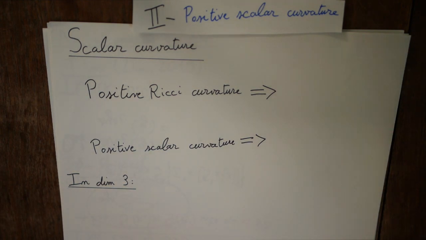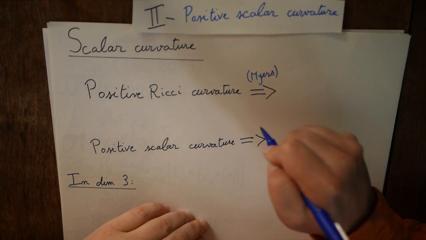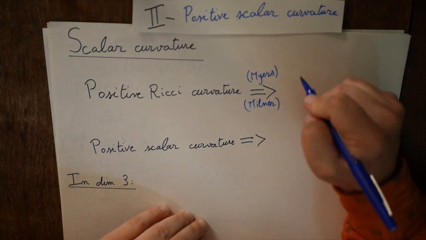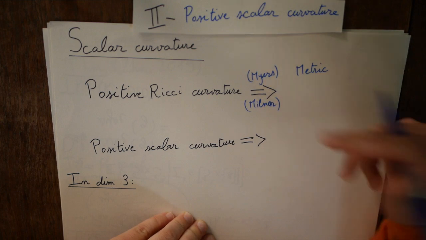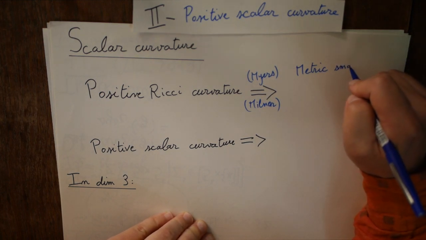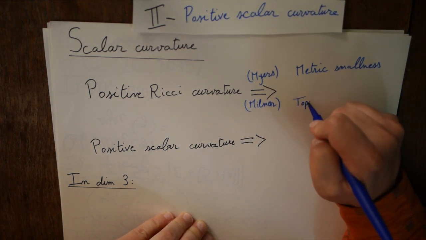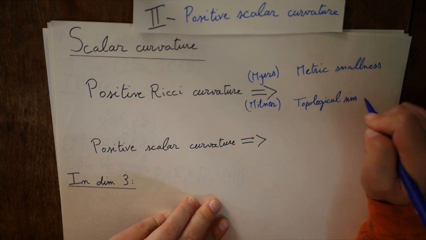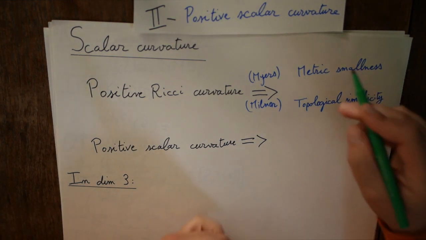If you think about positive Ricci curvature, what that gives us, think of Myers' theorem maybe, or Milnor's theorem in non-negative Ricci curvature, or you could think about Bishop-Gromov too, is some kind of metric smallness, and also some kind of topological simplicity. And we get both.